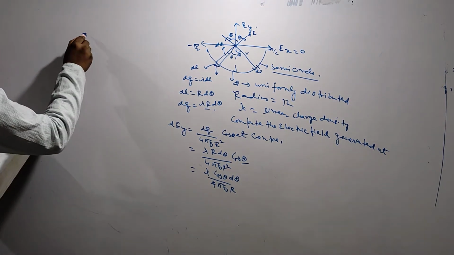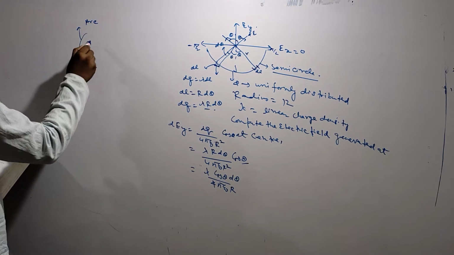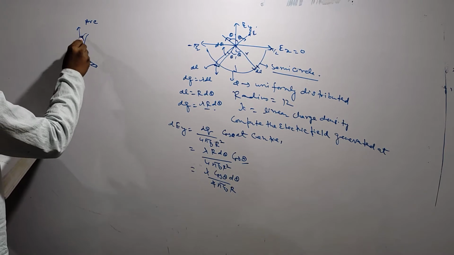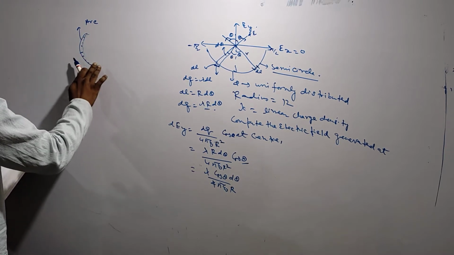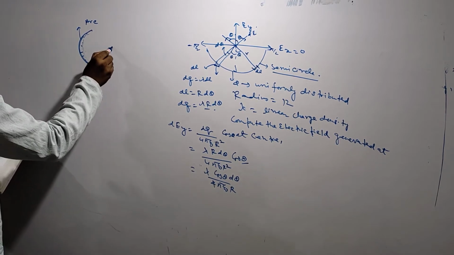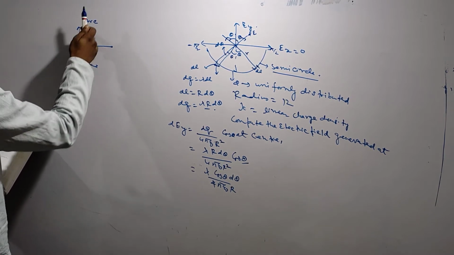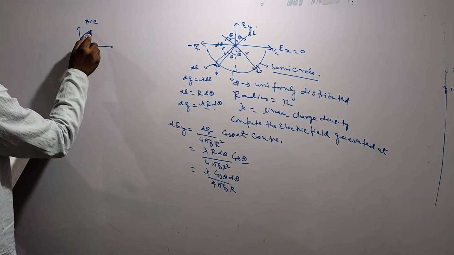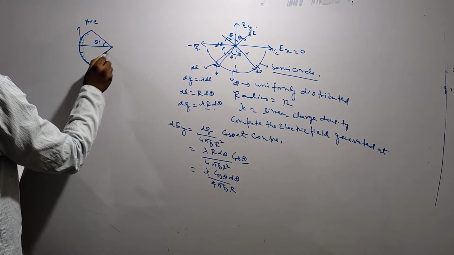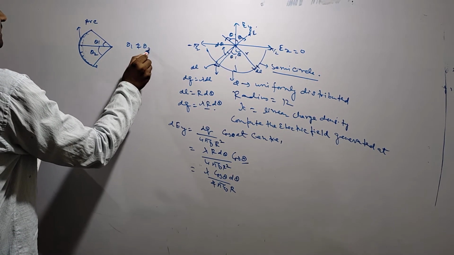Suppose this is an arc, with the same line charges, and this is the center. Maybe it is not equal, maybe a different angle. Suppose this angle is theta 1 and this angle is theta 2. Theta 1 is not equal to theta 2.